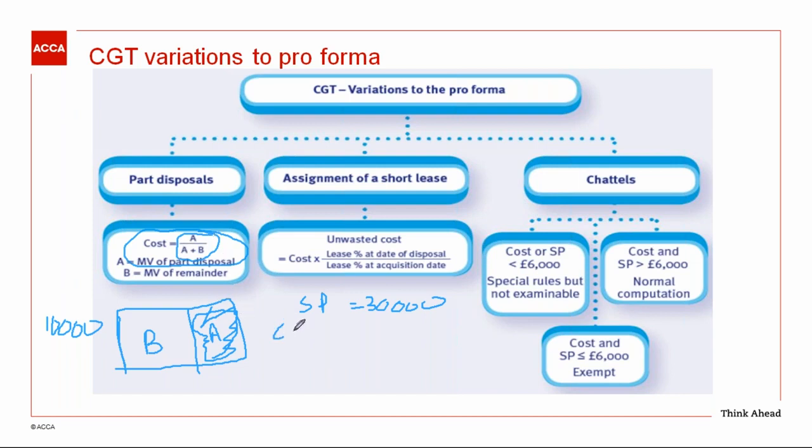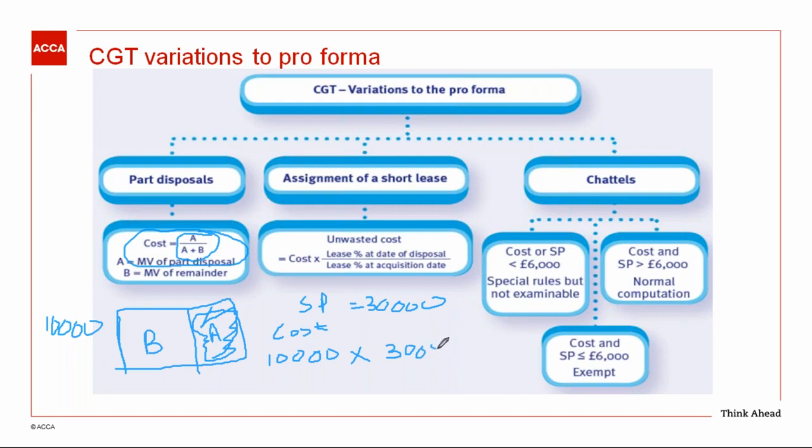Now this is how you have to do it. Cost is 10,000 pounds for the whole land. 10,000 into A. A means the market value of A at the time of disposal. What is the market value of A at the time of disposal? 30,000 pounds.